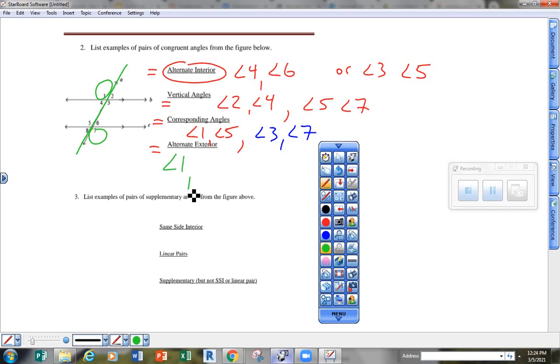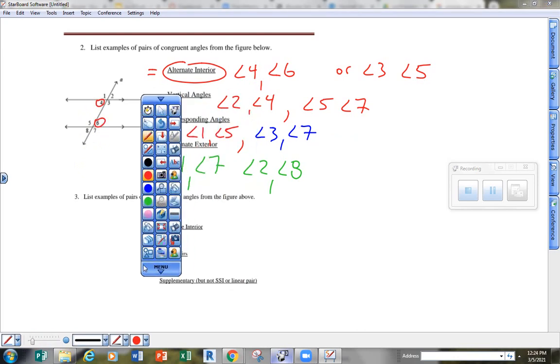Angle 1 and angle 7, angle 2 and angle 8. Those are alternate exterior. Again, alternate interior are either these two or these two, on alternate sides, interior of that transversal, equal.